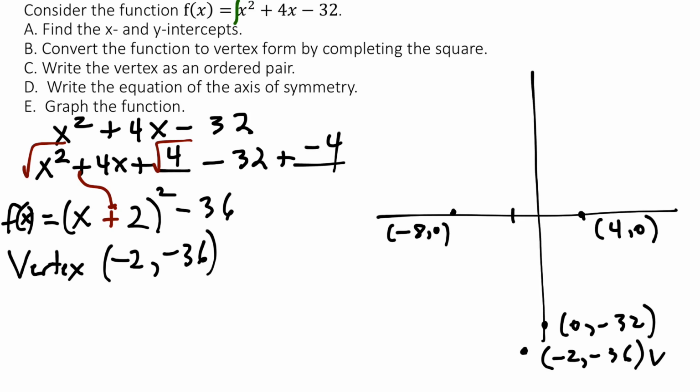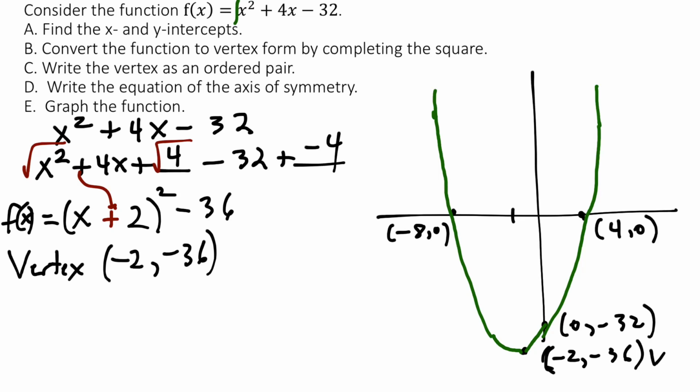Just put a V beside that. All right, so if I sketch that graph, now I strongly recommend if you do have graph paper that you use it just so that you can do a neat job with your graphs so you can understand them better. All right, so I've got my vertex. So I did part A, I did part B. My vertex is an ordered pair, that's part C.